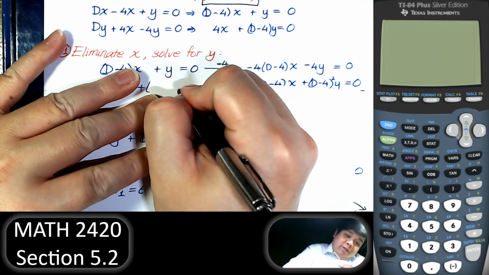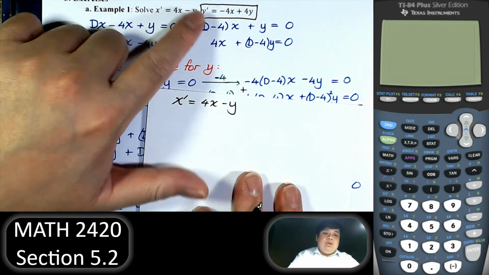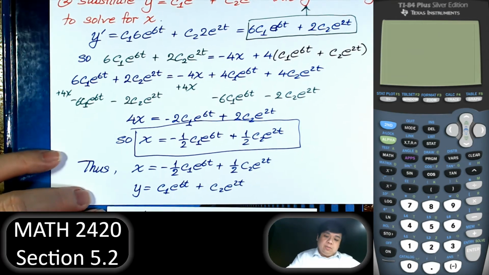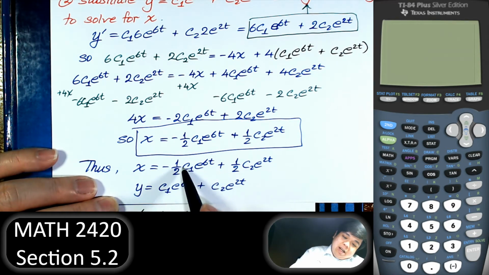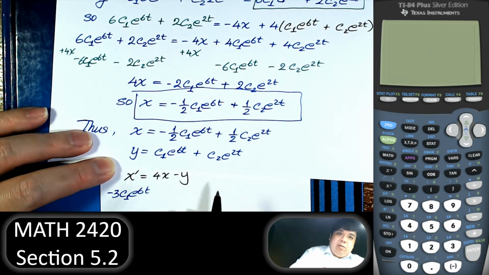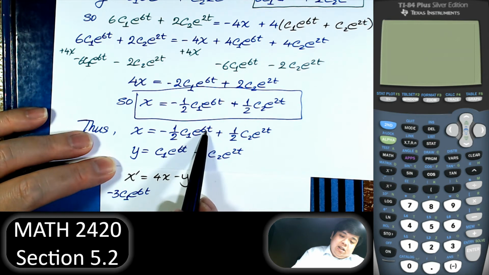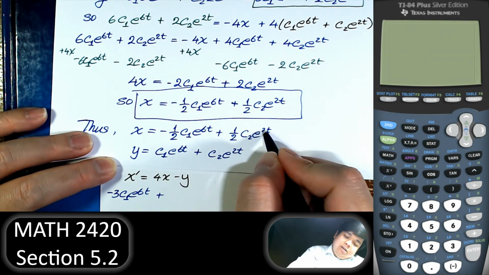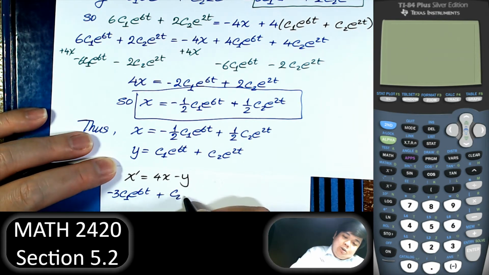So we have the derivative of x equal to 4x minus y. Right. We test using that equation. So the derivative of x, take down the 6, we have negative 3c1 e to the 6t, because that's the chain rule, and then this, the same thing times 2, and 1/2 cancel out, we just have c2 e to the 2t.